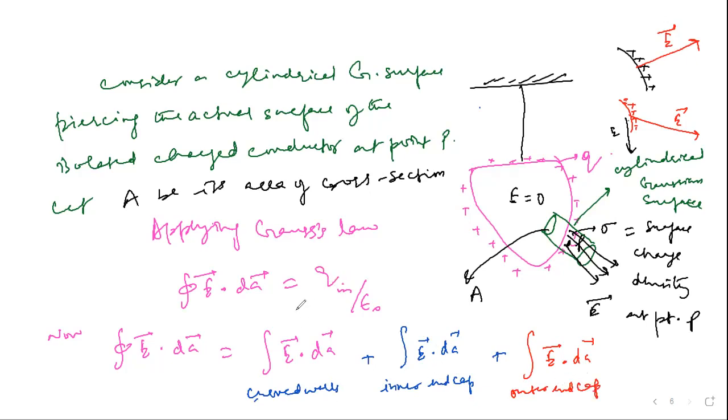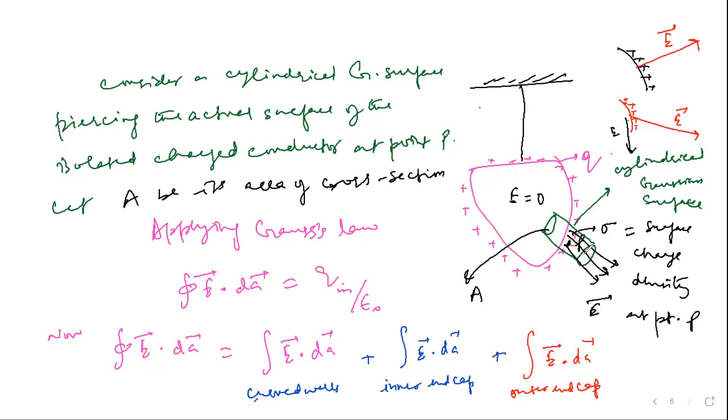Curved walls is 0, inner end cap is 0, only the outer end cap is there, and we know E and the area vector are parallel. The angle between E and the area vector is 0, cos 0 is 1. It will just become E dA.